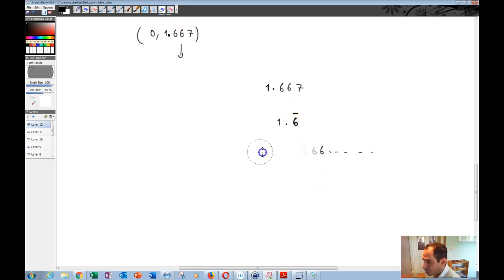So if you want to write this number as a fraction, this number is the same thing as 1 plus 0.6 repeating, right? So 6 repeating would be 2/3, so that's 1 plus 2/3, which is the same thing as 3/3 plus 2/3, and that's 5/3.